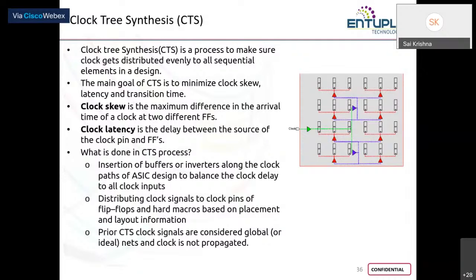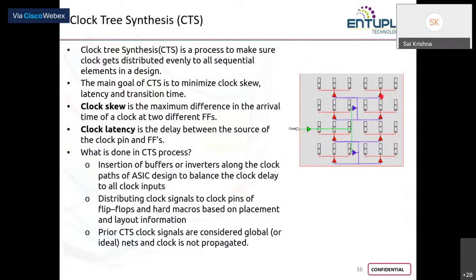So clock latency means the delay between the source of the clock pin to the flip-flops. That means the time taken for a clock pulse to start from your clock pin and reach a particular flip-flop.